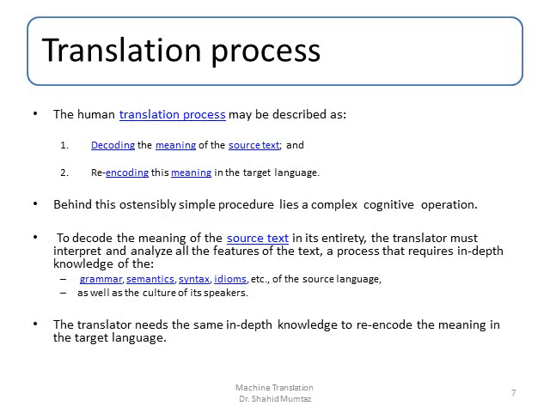So all these things should be considered when we decode, when we try to understand the meaning of the source text. And the same thing is needed to re-encode the meaning in the target language.